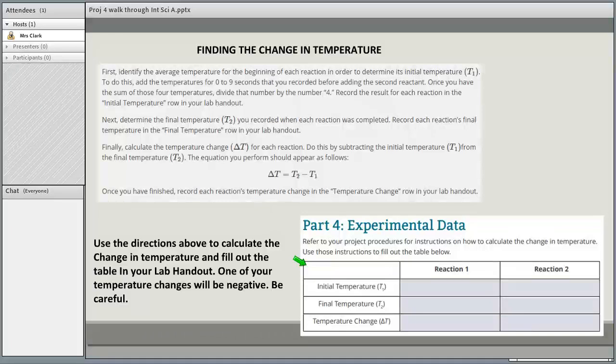If the final temperature is less than the initial temperature, in other words, if your initial temperature is 20 degrees centigrade and your final temperature is 18 degrees, then you're going to have a negative 2 degrees for your change in temperature. So be sure you note any negative changes, okay?